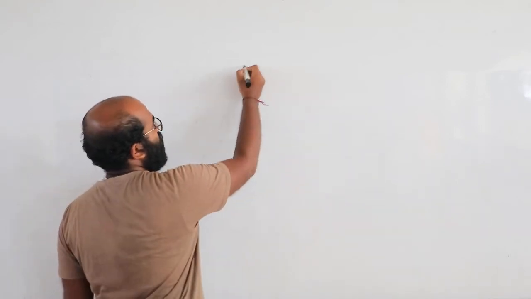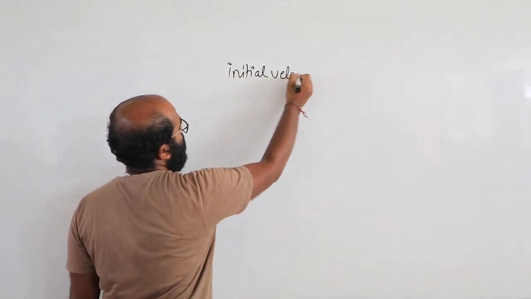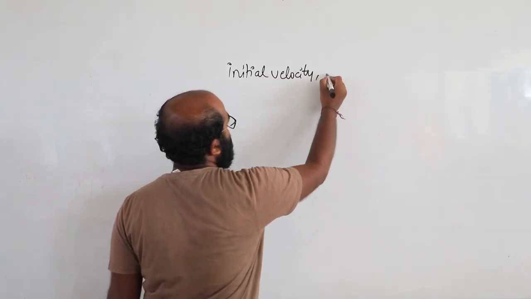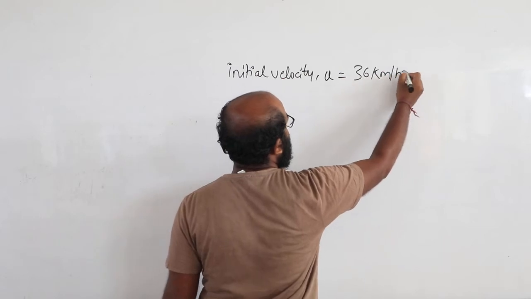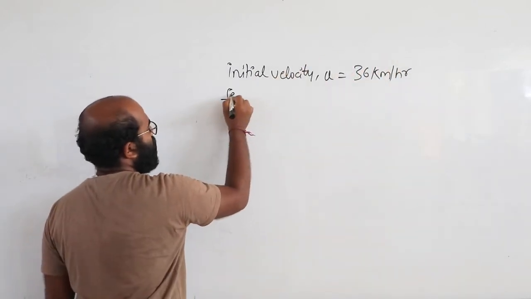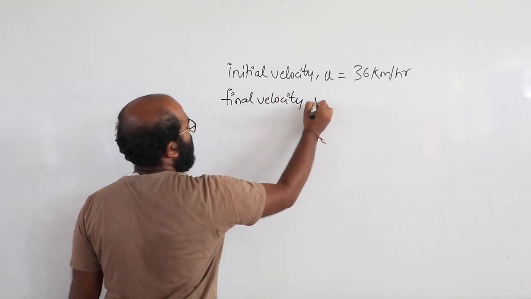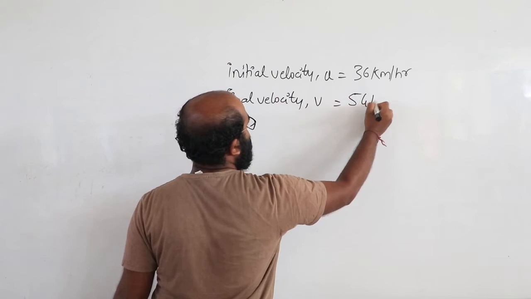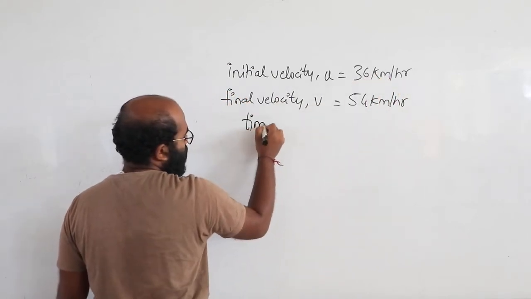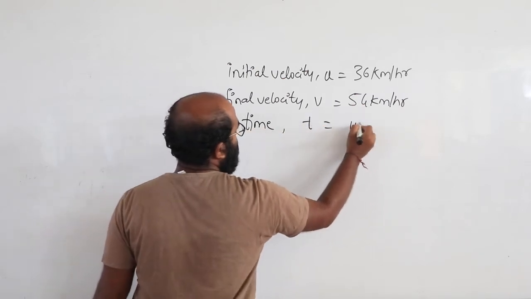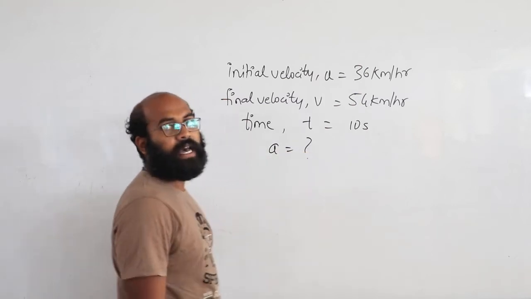So initial velocity, represented by u, is 36 km per hour. Next, final velocity v is 54 km per hour. Time is 10 seconds. So we need to find what is a, that is acceleration.